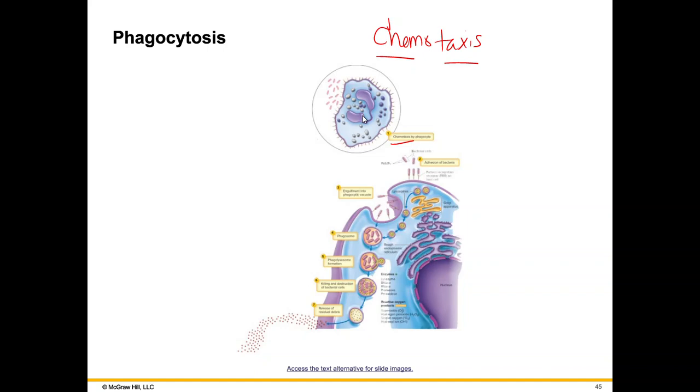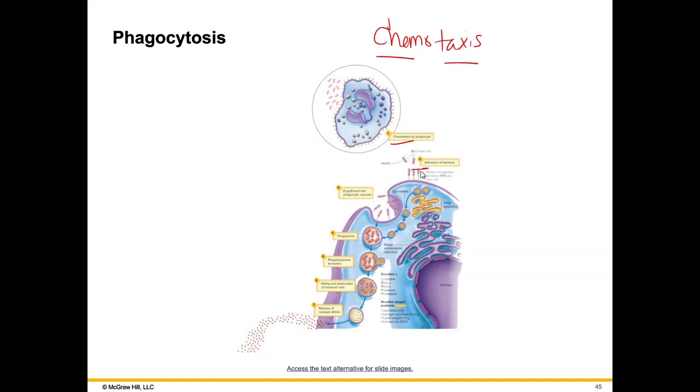Like if I step on that rusty nail, there are going to be chemicals released from my damaged cells that are going to attract phagocytes. So that's what chemotaxis is. It is the attraction of phagocytic cells to a particular site of damage or infection.